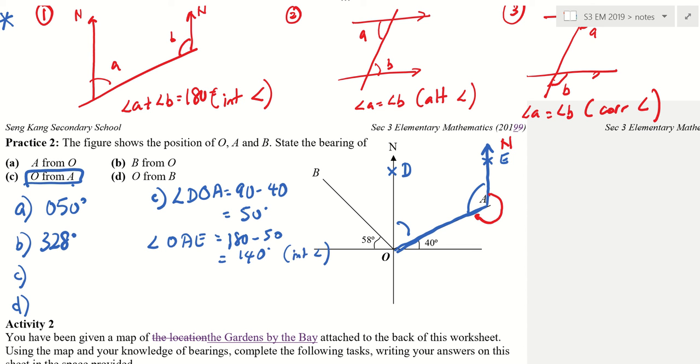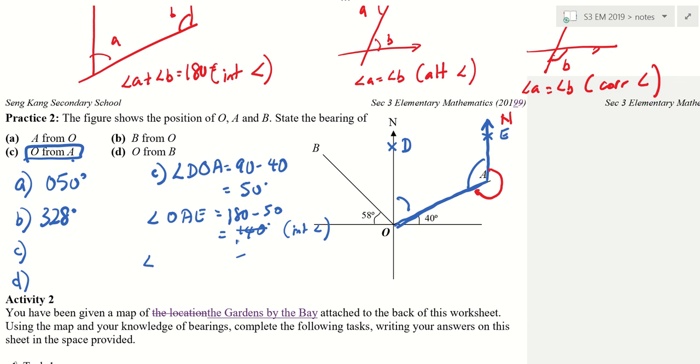Then last step, I will take angle, so I write the bearing. Rachel asks, should you write bearing? Yes, you should. Bearing of O from A, I will take 360 minus 130. And what's the answer? 230 degree. So this is the answer.